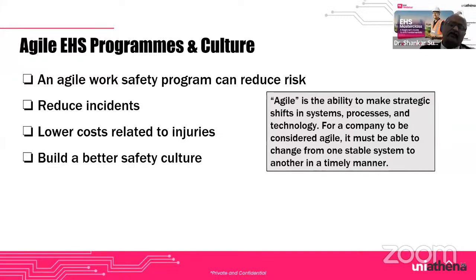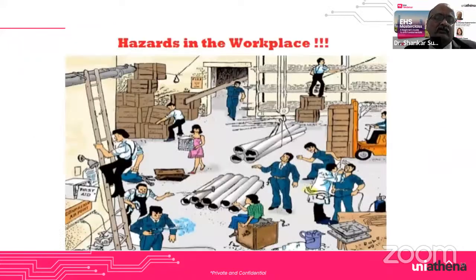You've seen during COVID how Agile and resilient companies survived and in fact did better than most of us. It can reduce incidents, lower the costs related to injuries, and build a better safety culture. It depends totally on your top management, your organization's levels, the culture, and the individuals involved in this.